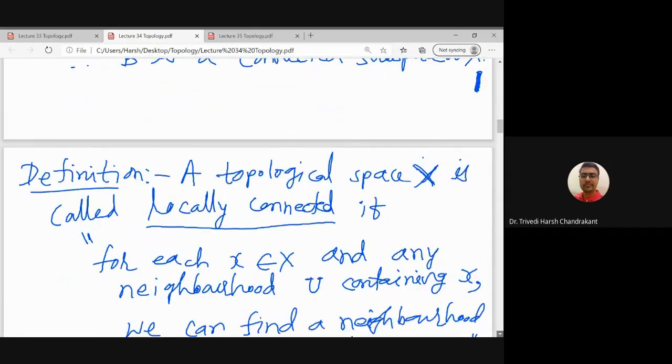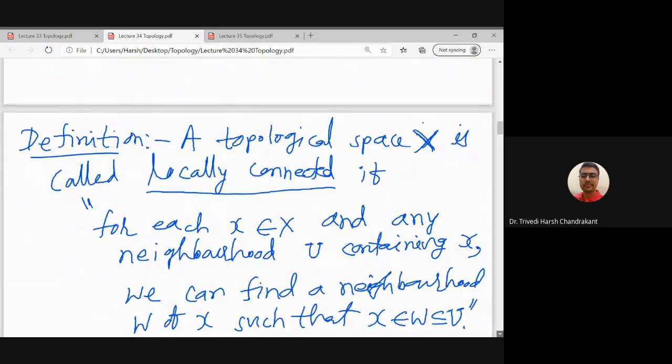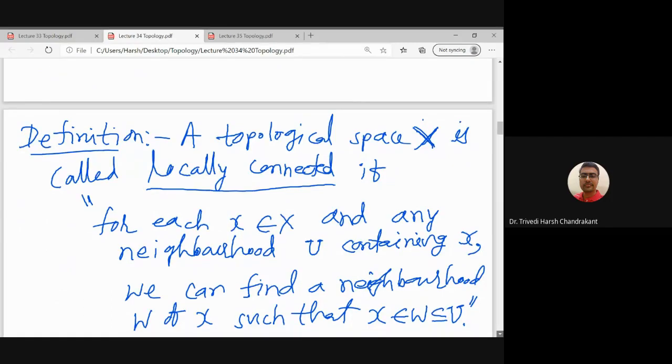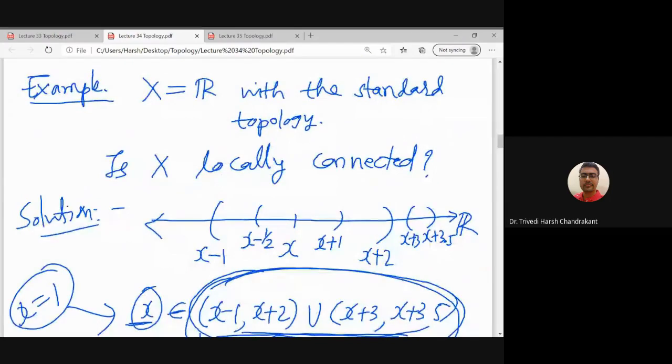Then we discussed one special notion of connectedness, which is known as local connectedness, and it is related to the concept that the basis elements are connected.